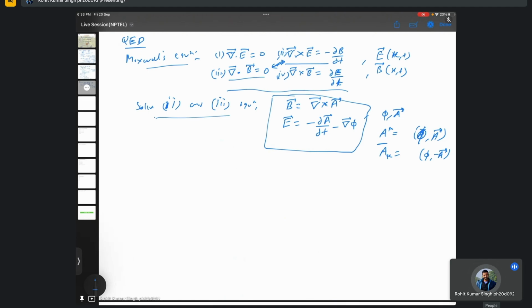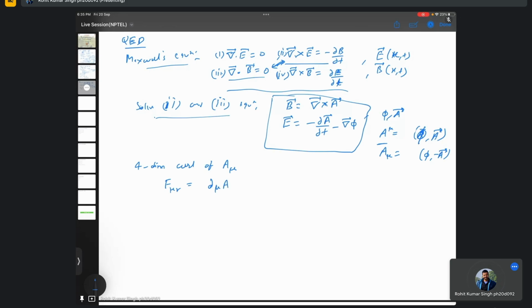Now what about equations 1 and 4? What do we get from here? To see that, let's define a 4-dimensional curl of this vector potential. Let's define the 4-dimensional curl of A mu given by F mu nu.